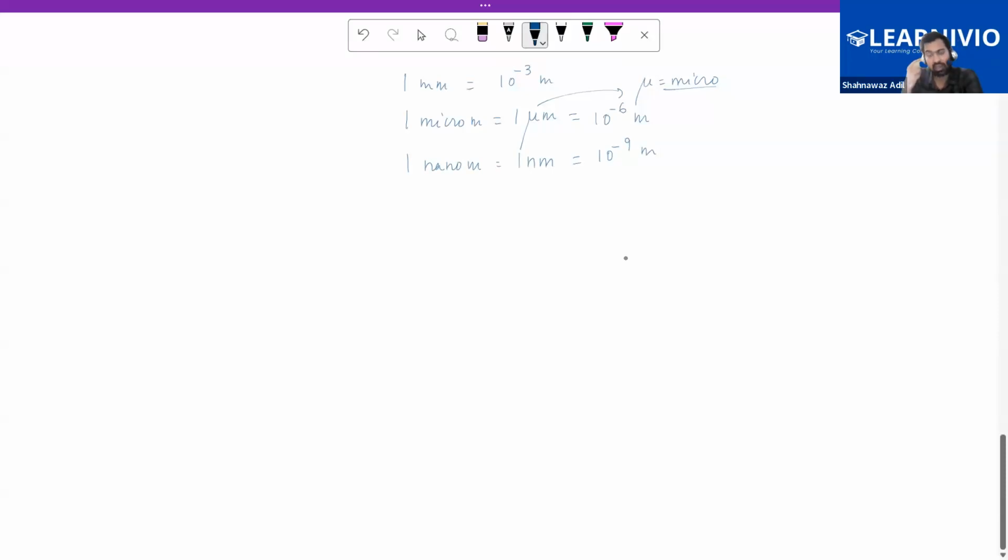And then we can also write picometer. This is pm, and this is 10 to the power minus 12 meters. And then we have one femtofermi, or this is also called femtometer.